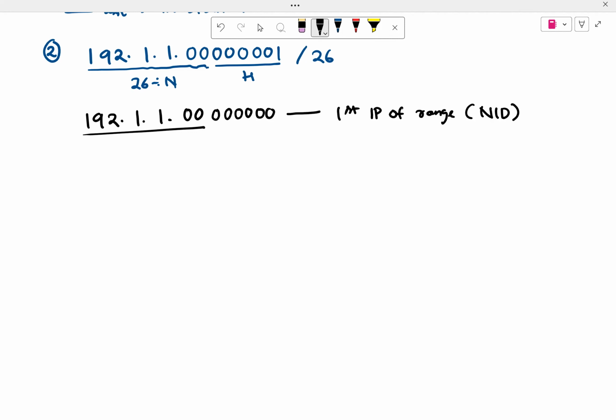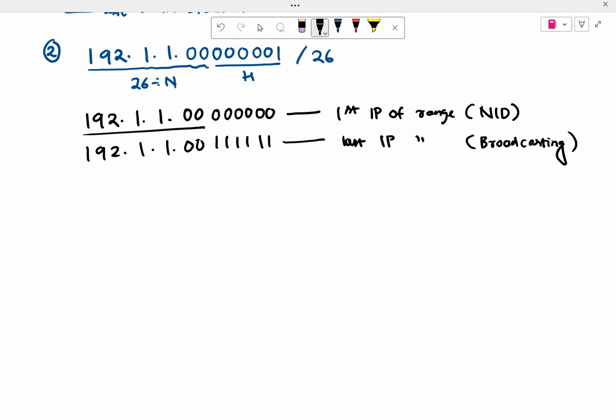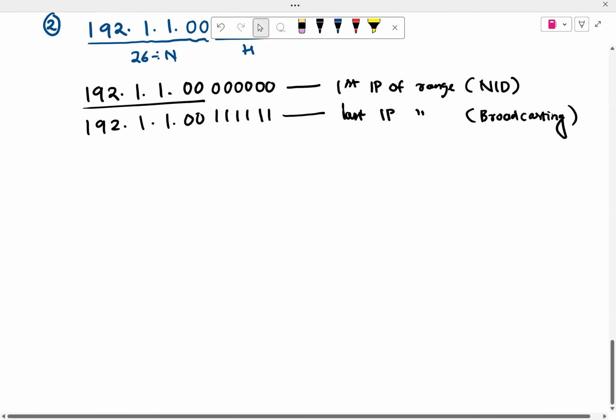When you put all 1s, that is the last IP address. So 192.1.1.00 is all fixed, then you put all 1s in the 6 host bits. This is the last IP of the range, the broadcast address.